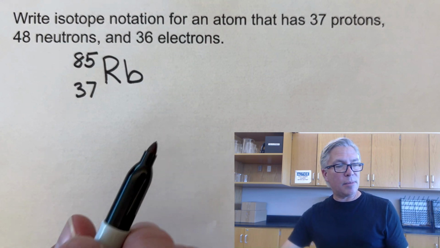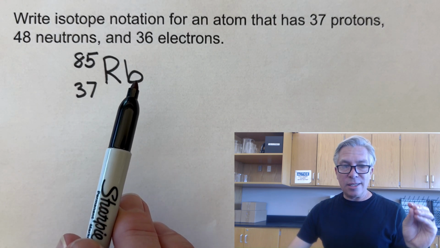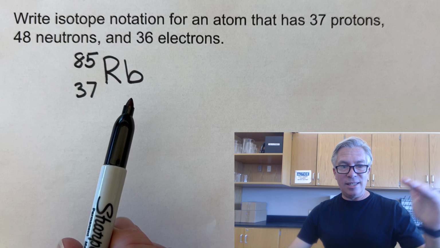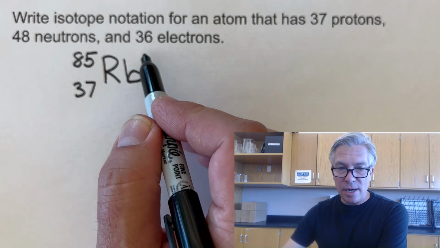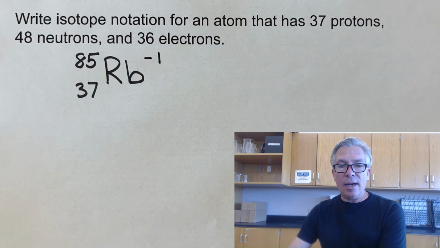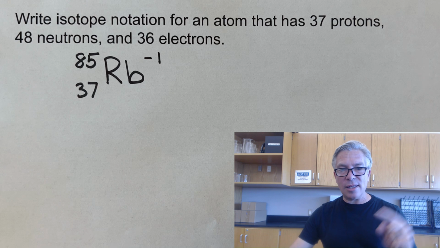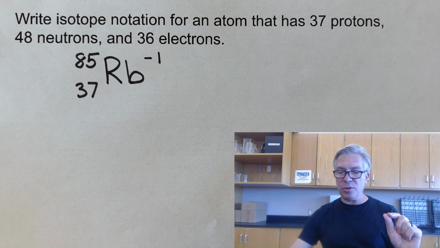This is where common errors are made. A lot of people think, oh, because it lost an electron, it went down, it must have a charge of -1. And it's good to wrestle with this idea, but it's actually the opposite. You have to think the word opposite when you do these.